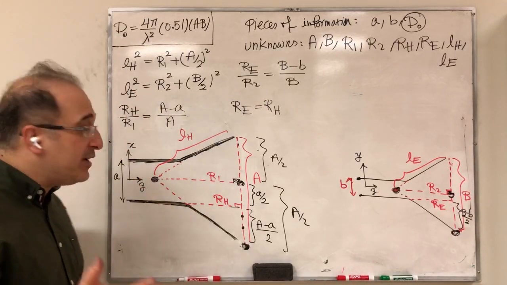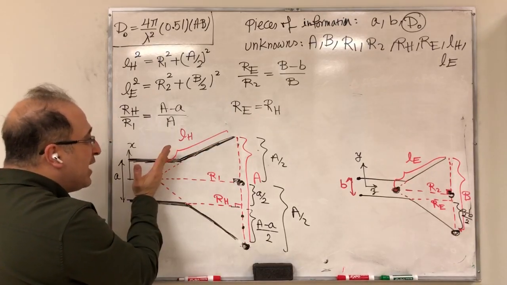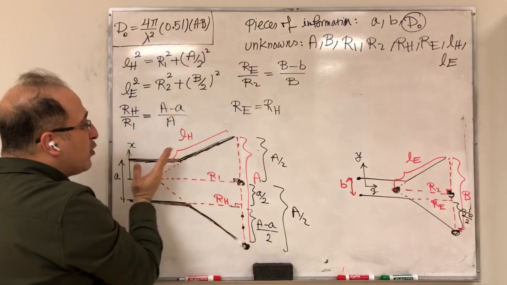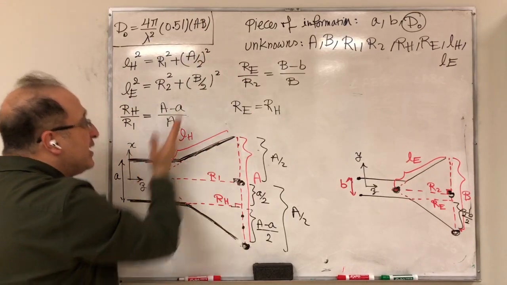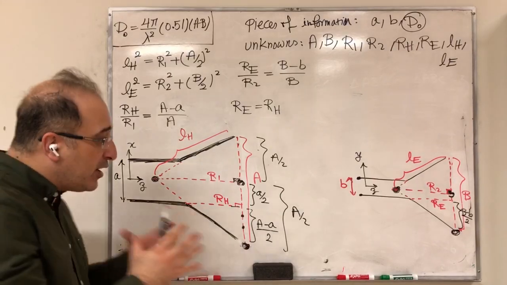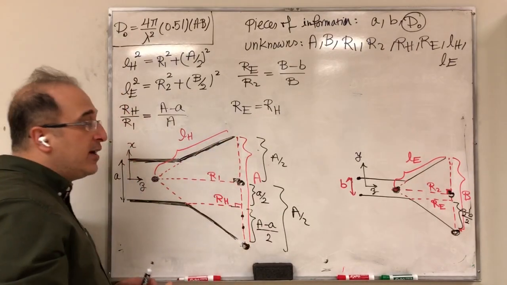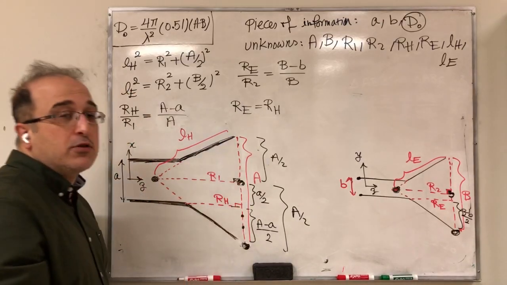So in the previous lecture, I said if you have your horn, instead of like this, you flare it like that, then of course you get a bigger aperture, but then you get more out of phaseness, which is bad. So you want to have a good balance between a large aperture and also not too much out of phaseness.